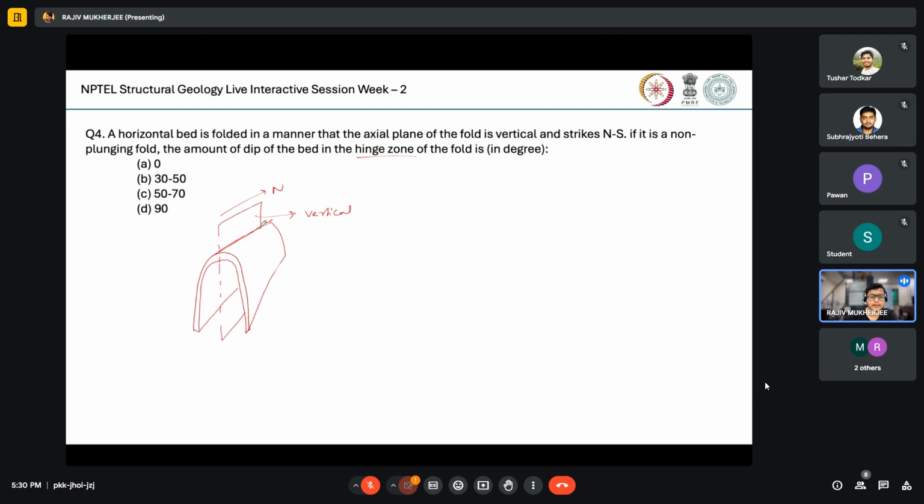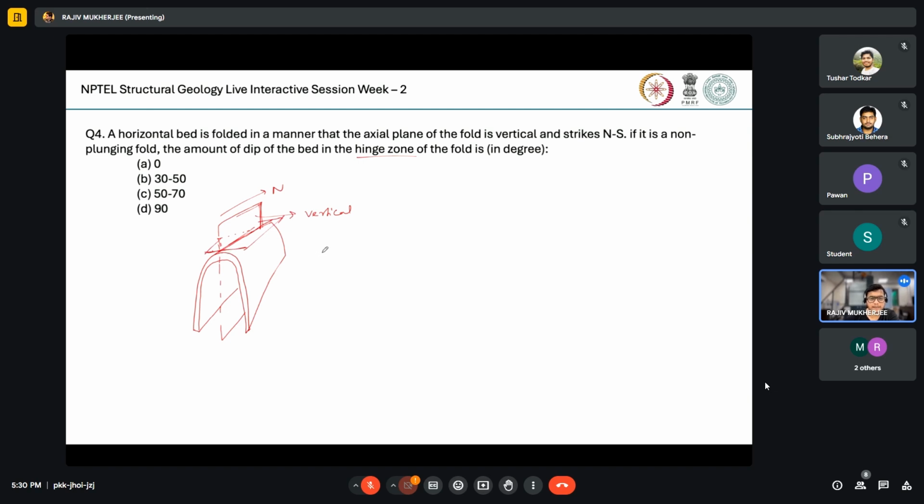That means what? There is no angle at the hinge with respect to the fold axis. The fold axis is making no angle at the hinge with respect to this axial plane. So that means if we pass a horizontal plane through this, what angle should we see?